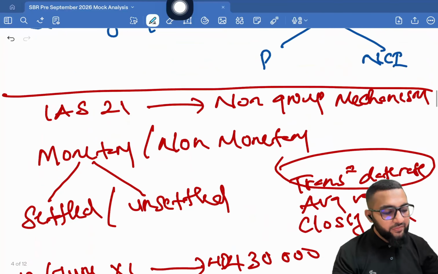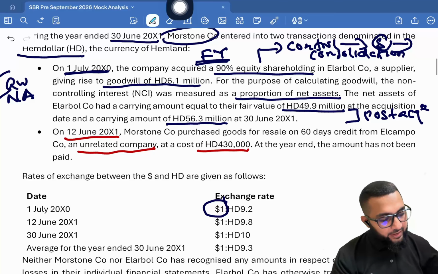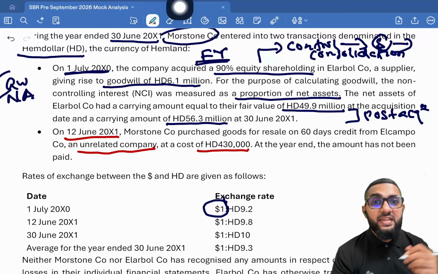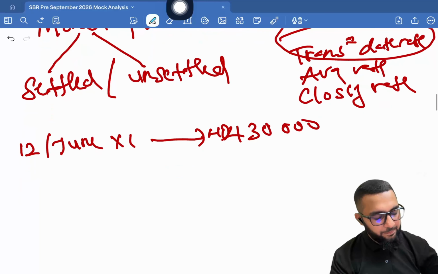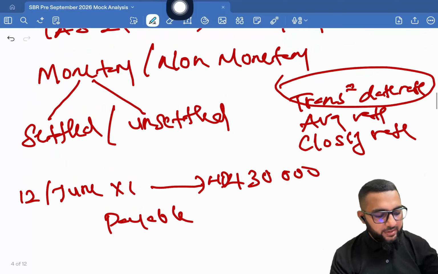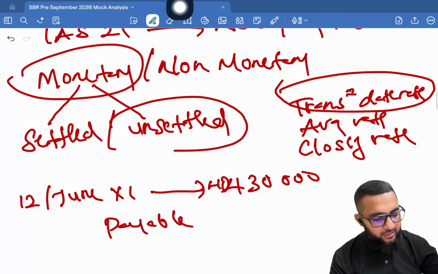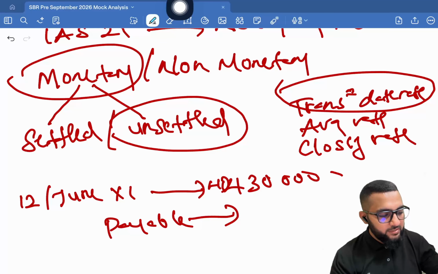Then, the amount has not been paid, meaning it's unsettled. When the transaction happens, there is a payable, a monetary item, unsettled, and this will need to be retranslated at the closing rate. Whatever the HD 430, we translated at the transaction date rate.